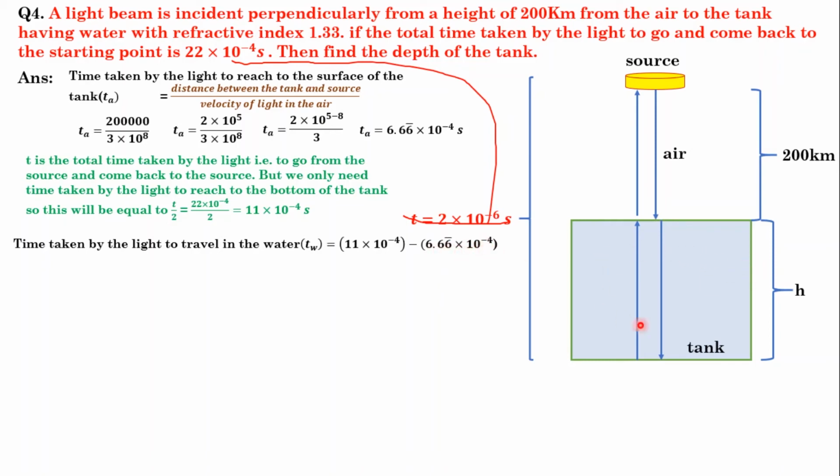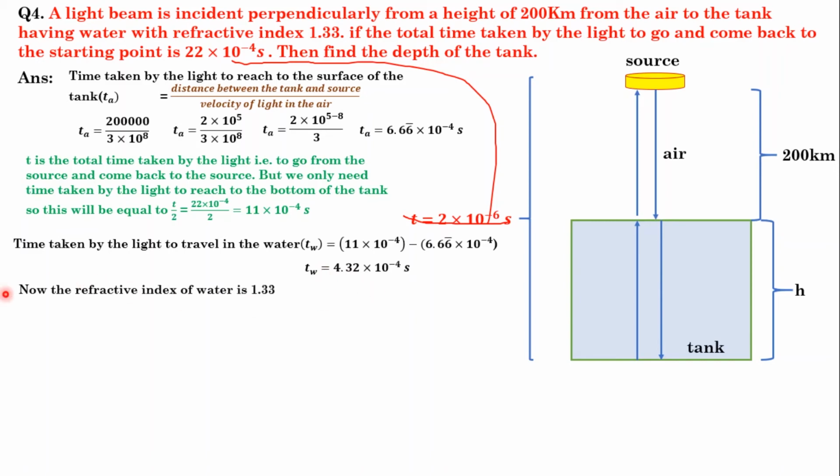So we can calculate the time from the surface of the tank to the bottom of the tank. This will be 11 into 10 to the power minus 4 minus 6.66 into 10 to the power minus 4. So this is going to be 4.32 into 10 to the power minus 4 second. Clear? From here to here, light will take this much time.